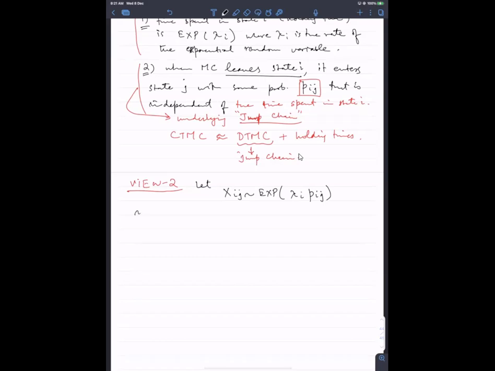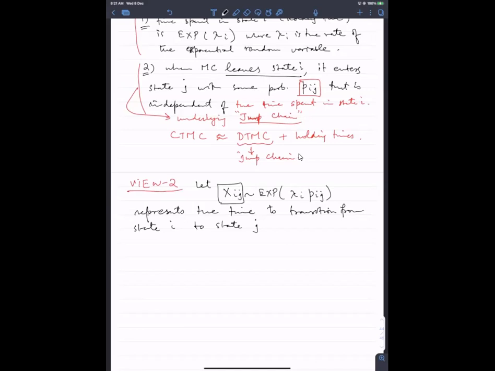So let's say that this represents the time to transition from state I to state J. In that much time you will make the transition from state I to state J.